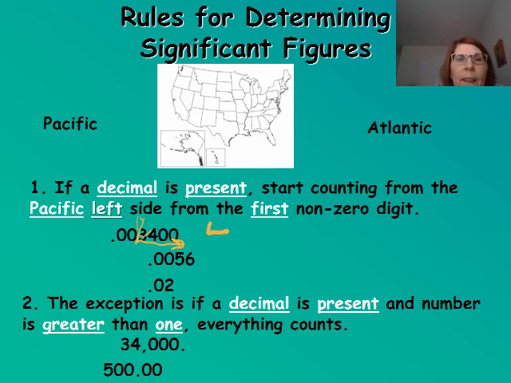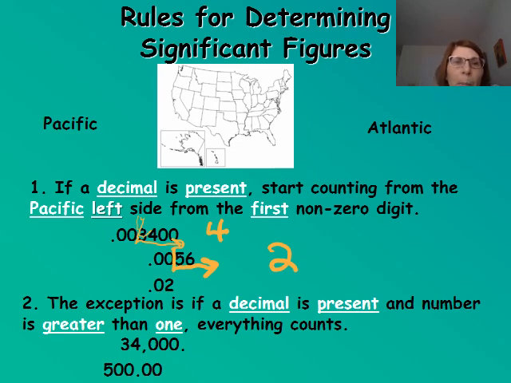That would mean there are 4 significant figures. If we're talking about 0.0056, we would start from the 5 and go right. That would mean I have 2 significant figures.